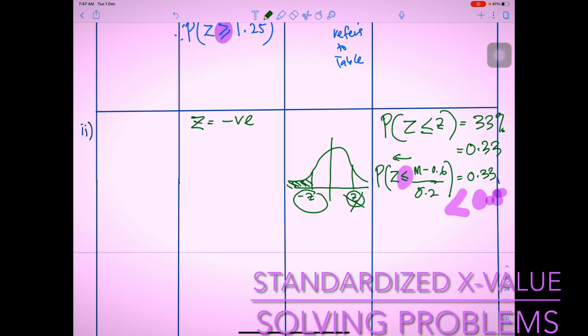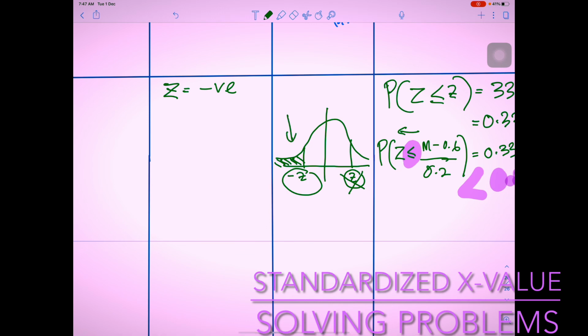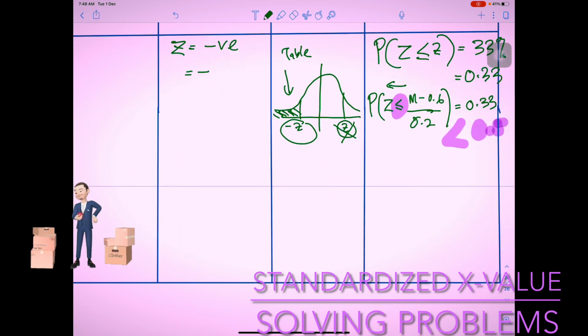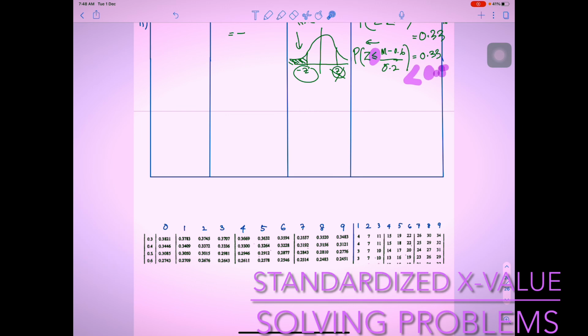So Z is negative, and we can refer directly to the table. Write down negative so that you don't make mistakes. Sorry, my bad, the value is 0.33, the lesser 0.33.